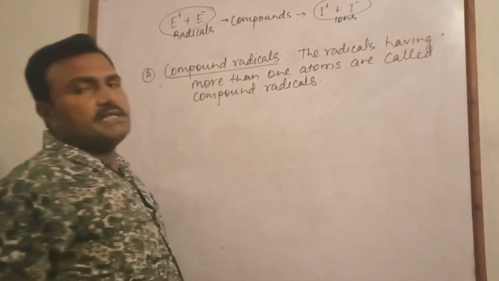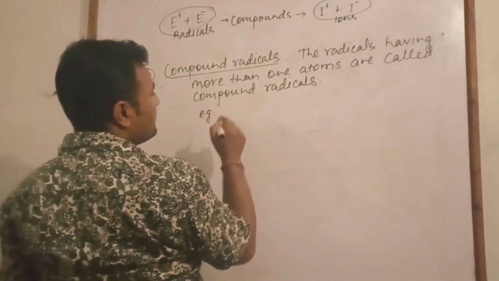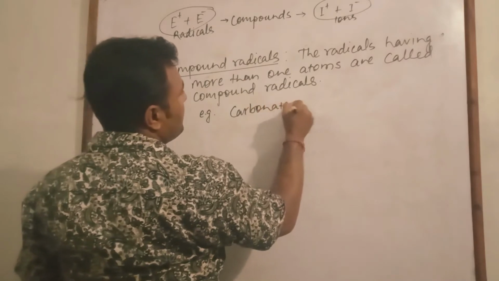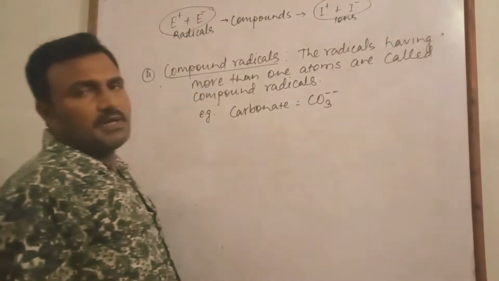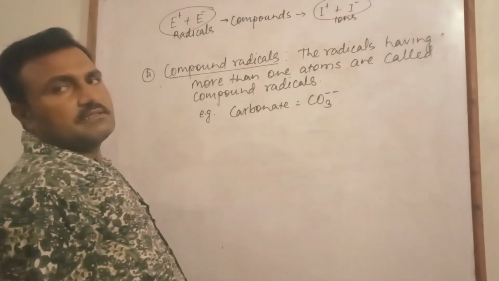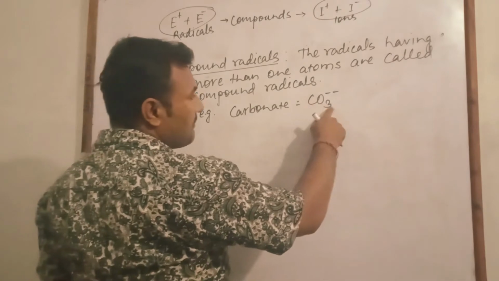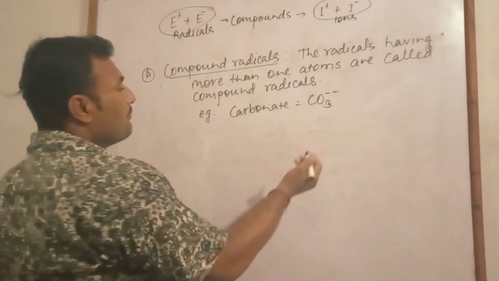In compound radicals, more than one atom is present. As for example, carbonate is represented by CO3 minus minus. The number of charges represents its valency, and in carbonate one carbon and three oxygen are present. Therefore, it is called a compound radical.